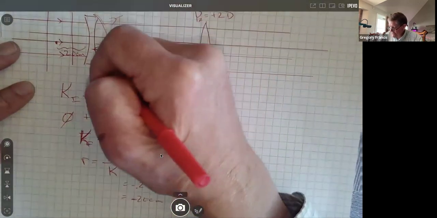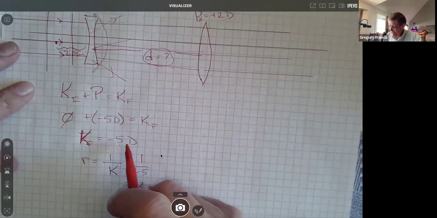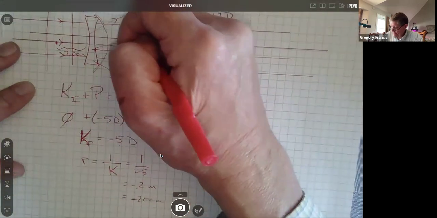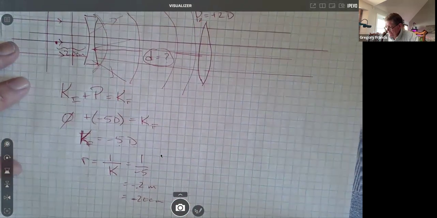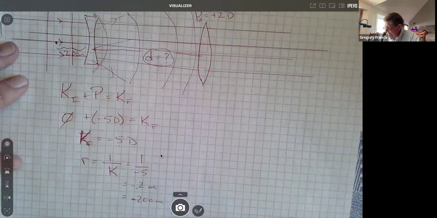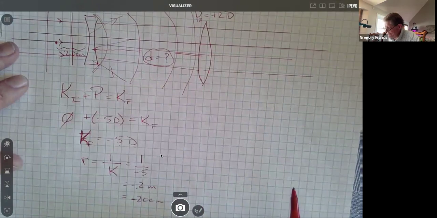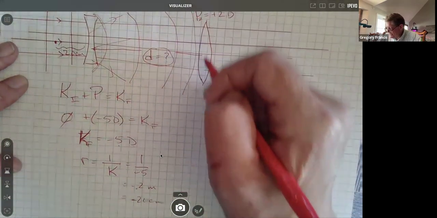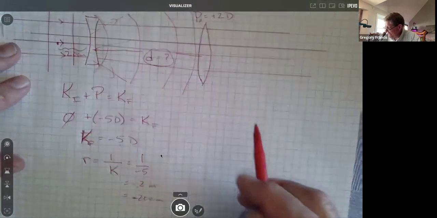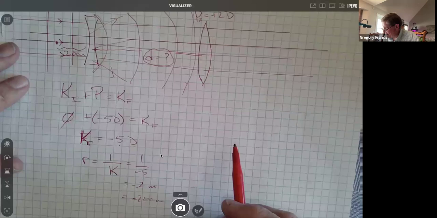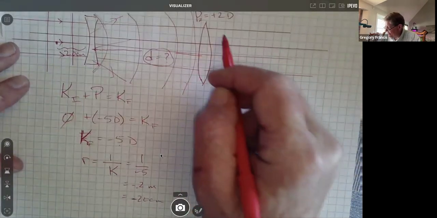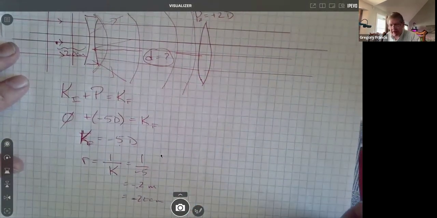Now, it doesn't stay -5 diopters. As it moves across, it evolves. And so it's going to be something different over here. And the question is, what is that something different got to be in order for this positive lens to give me zero curvature on the other side?